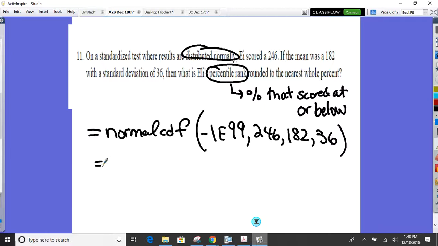What's his percentile rank? Yeah, 96th percentile. It's pretty good. 96% scored at or below his. Only 4% better. We'll take it.